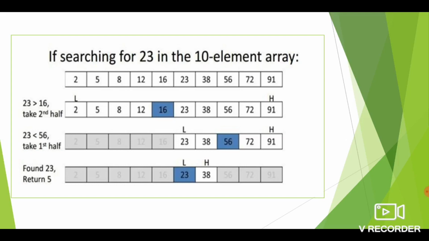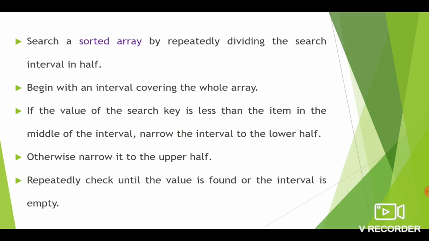If the searching element is greater than the middle element, then you search only in the right half; the left half is omitted. You can ignore the left half elements. If the searching element is less than the middle element, then you search in the left half and ignore the right half. This process is repeated. So thank you all.